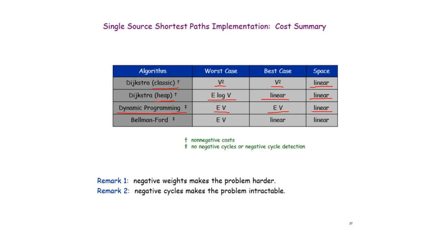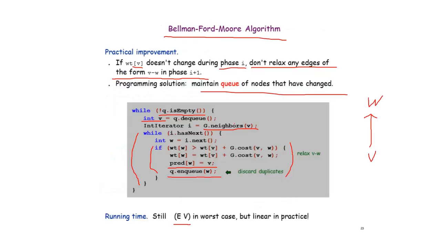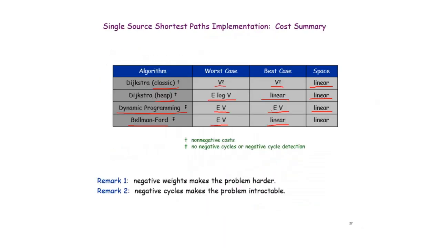And in optimized dynamic programming, called the Bellman-Ford-Moore algorithm, the worst case is EV, but in practice it's actually linear time complexity, since we use the queue to maintain the nodes that we have changed, and the space is also linear.